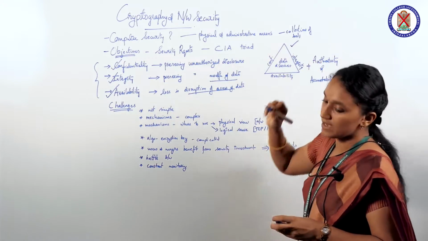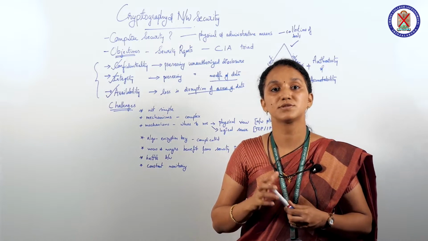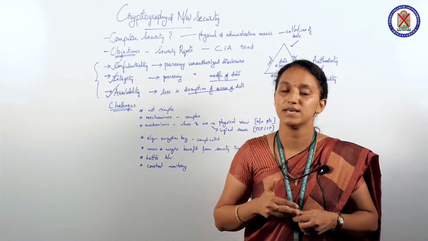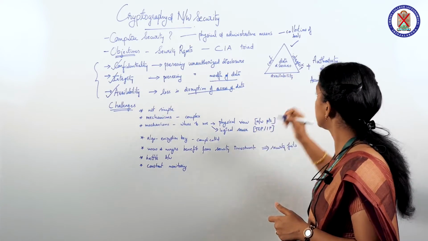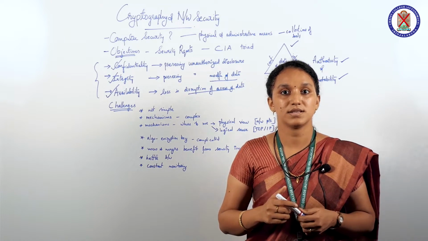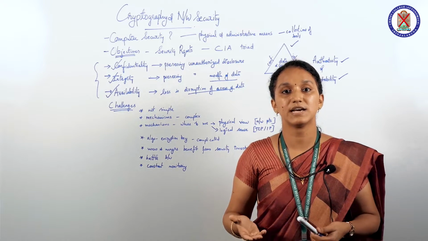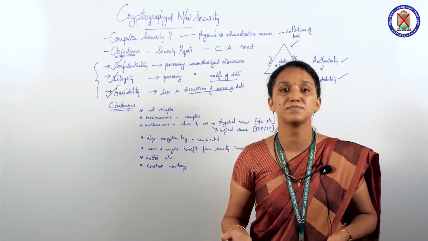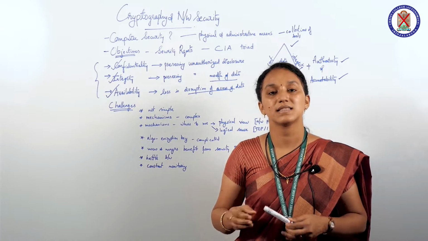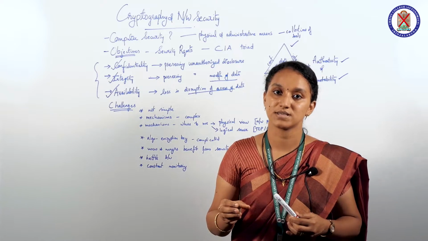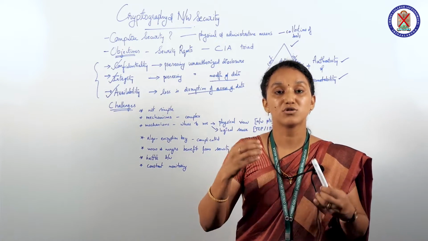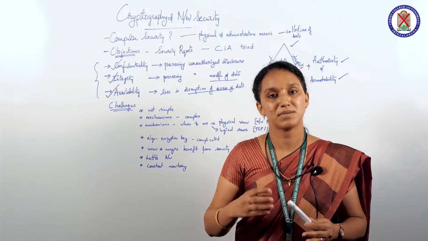Now, along with these three concepts, two more important concepts are dealt with in computer security: authenticity and accountability. What is authenticity? In our day-to-day life, authentication is the most important thing, I believe. It's the property of genuineness. The data we send must be genuine. The message originator must be genuine.